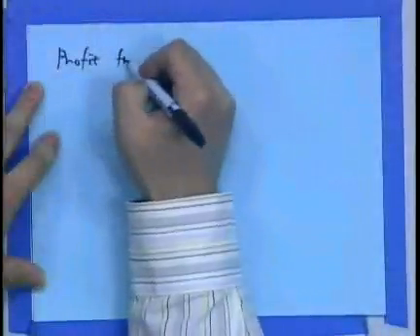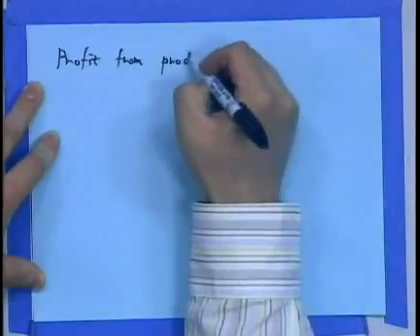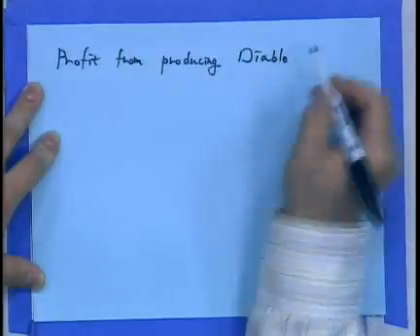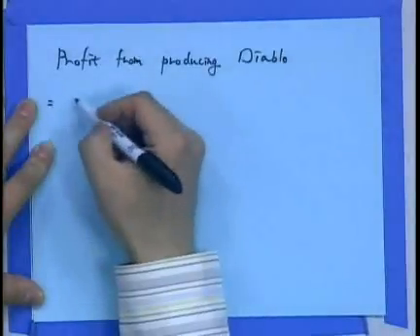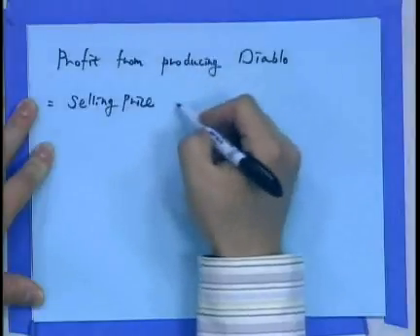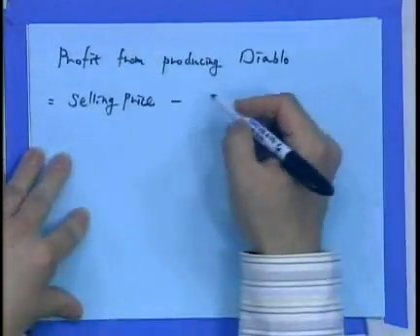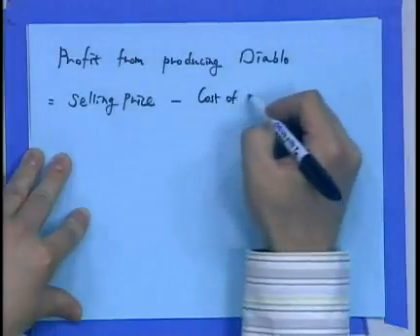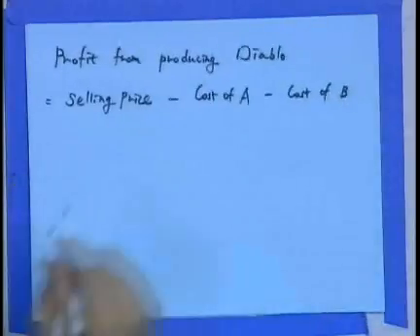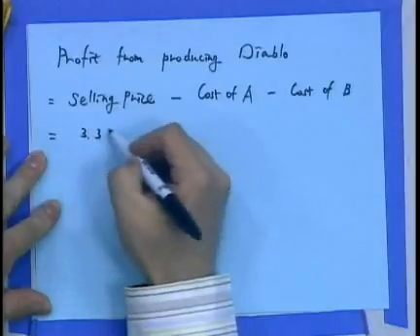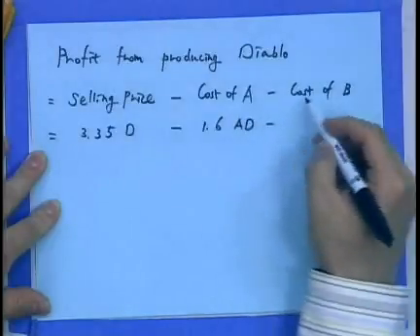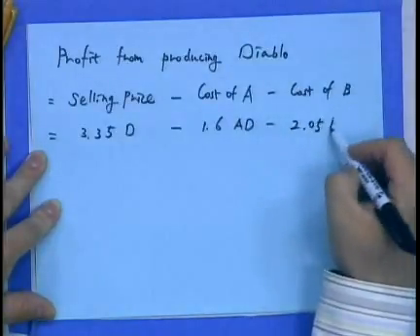Profit from producing Diablo is the selling price, minus the cost of ingredient A, minus the cost of ingredient B. So it's going to be 3.35 times D minus 1.6 AD minus 2.05 BD, right?